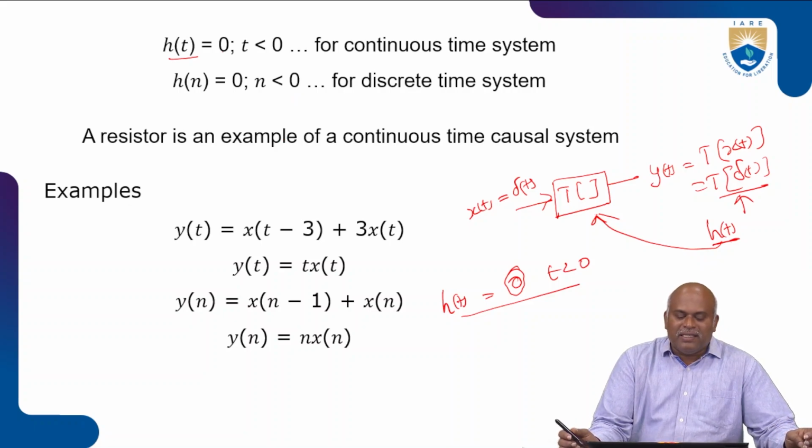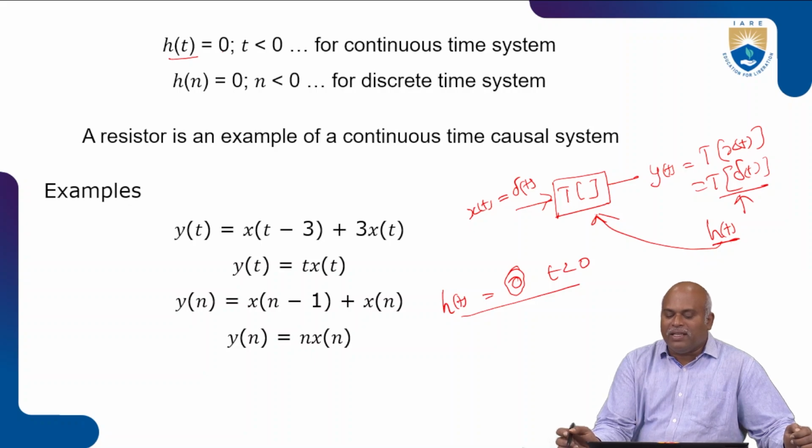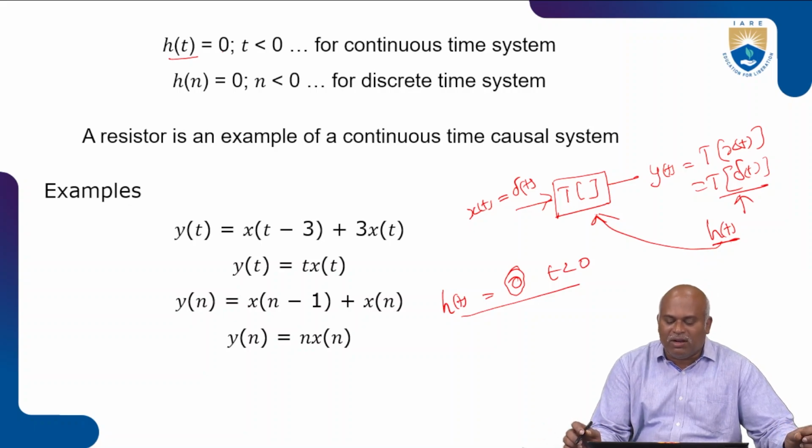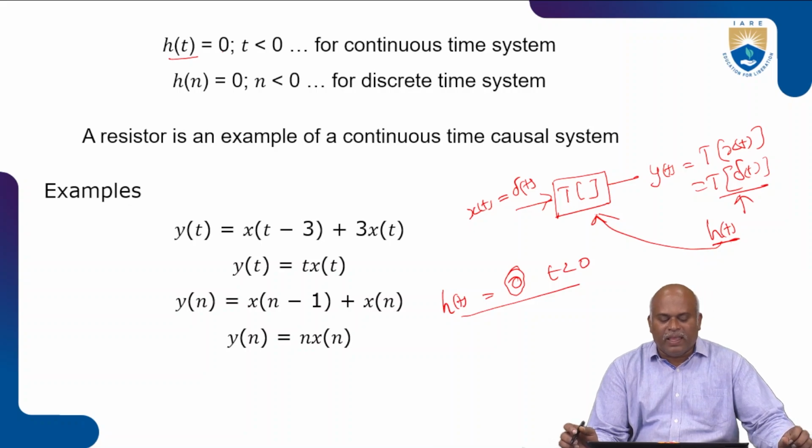A resistor is an example of a continuous time causal system. A resistor only passes when the input is present, then it is going to produce the output. That system is called a causal system.